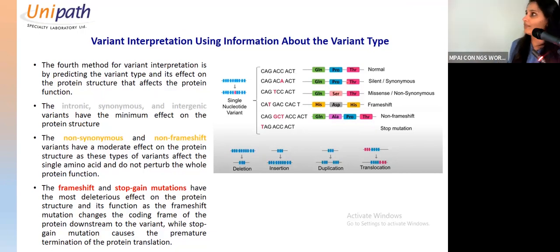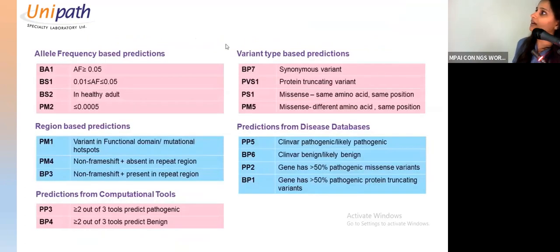So this is just for some population frequency, these are the types of prediction, this is region, hotspot. If a mutation has already been called from that particular region, then it is a hotspot region.